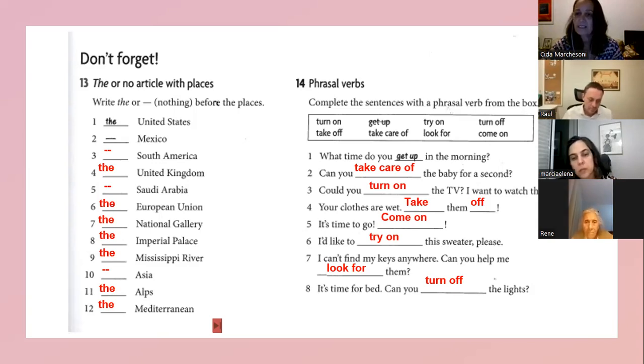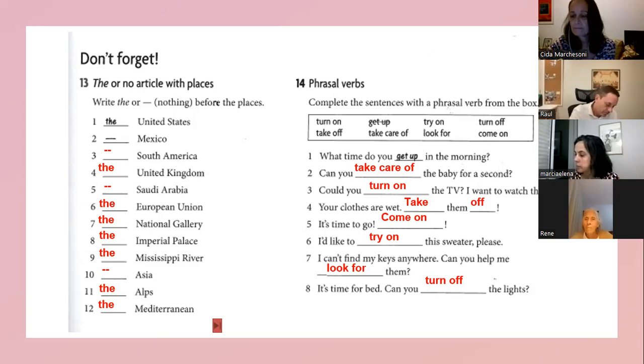Off with a double F means completely no, okay? So take off means take out completely. Turn off means to have no volume, nothing anymore, completely out, okay?